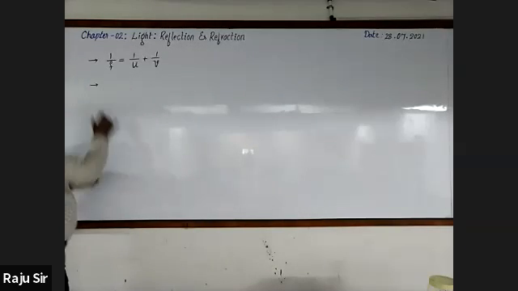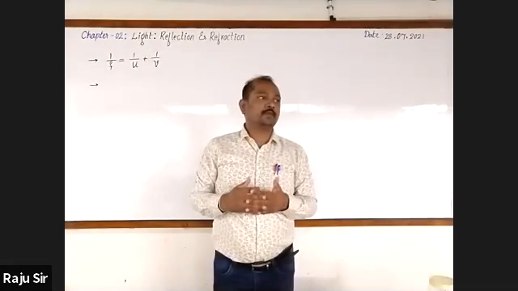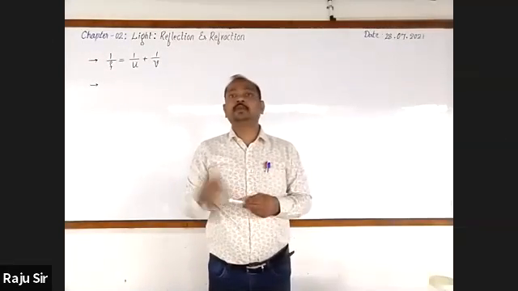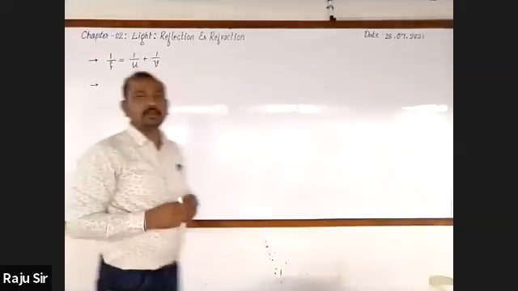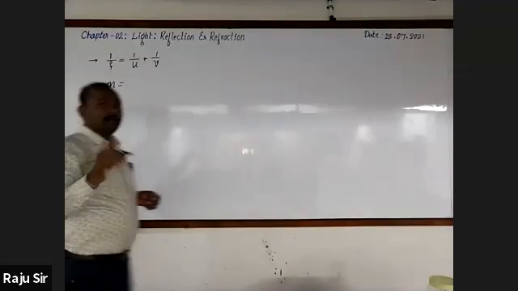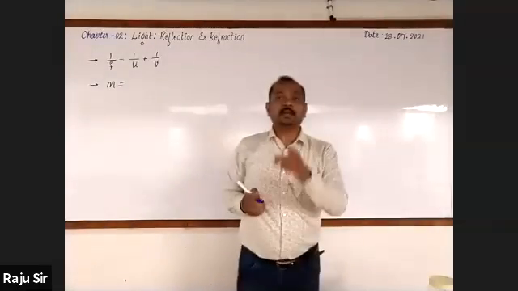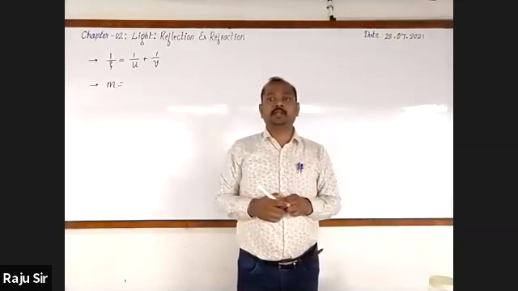To know how big or how small the image of an object is, we use another scientific term. What is that? It is called magnification. Magnification is the ratio of the height of the image to the height of the object.